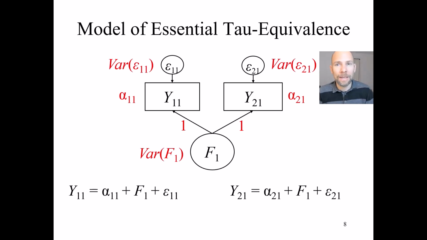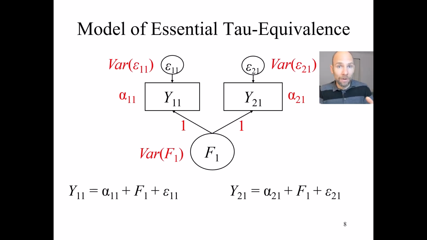The loadings in this case we don't care about that much. Later we will see that in extended models, when we have more indicators per factor and or more factors in a given model, more than one factor, then it's not necessary to fix both of the loadings to 1, because then we have more information from other variables that allows us to also identify some of the factor loadings.